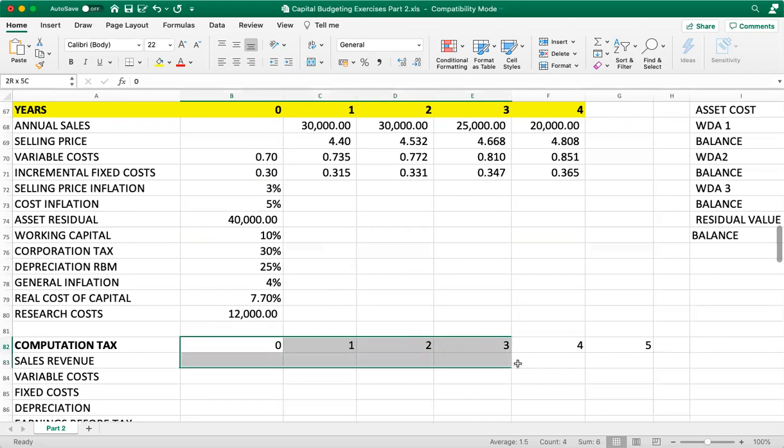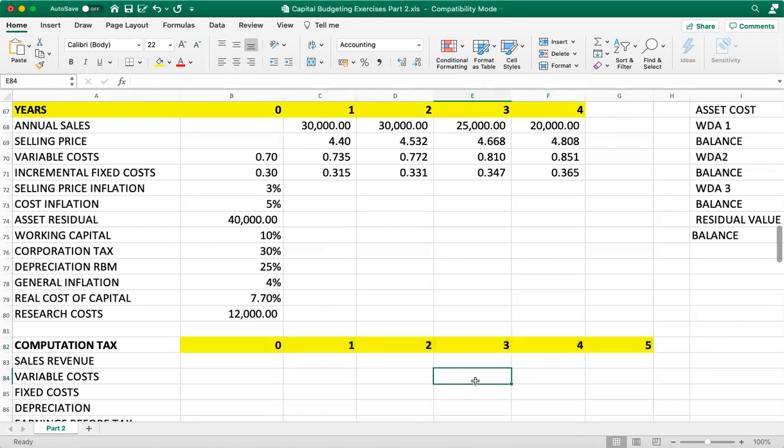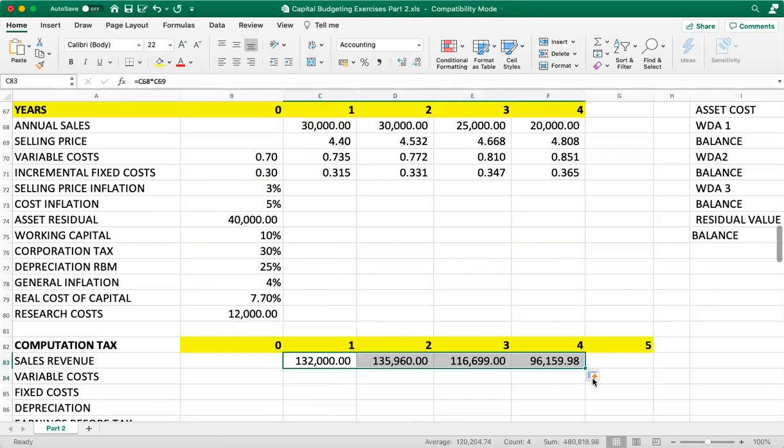So number of years will go up to year 5 for purposes of tax for year 4 shifting to year 5. So sales revenue, we say equals, we pick the annual sales, multiply by 4.4. And that gives us 132,300. Copy this to year 4. So that is the sales revenue.